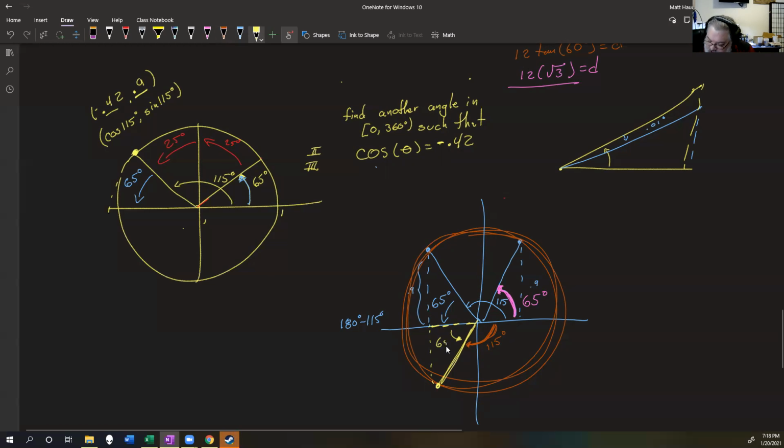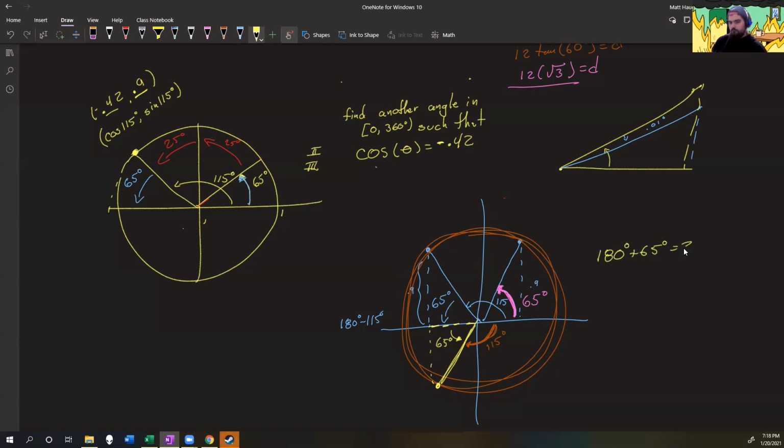So we could either add the 65 to 180 or subtract the 115 from 360. Either way, we should get the same result. 245. Plus the 65 degrees. You said 245. I'll buy that. So the cosine of 245 degrees is equal to negative 0.42.